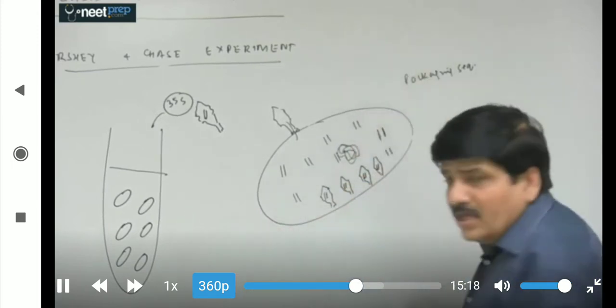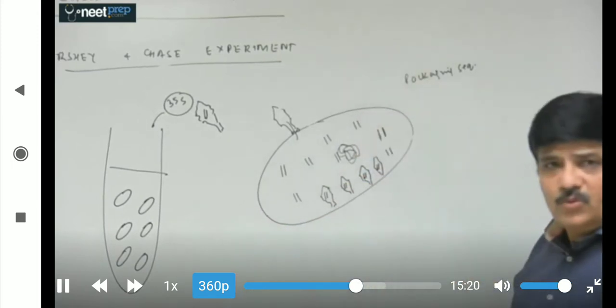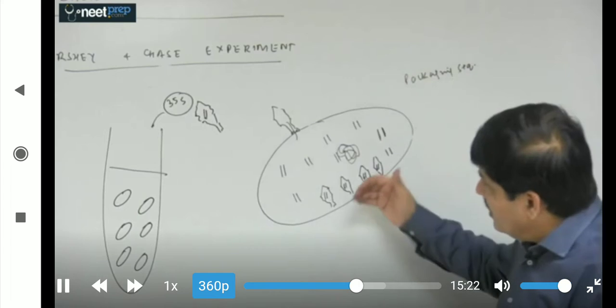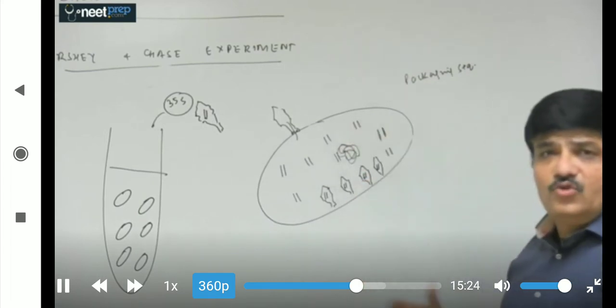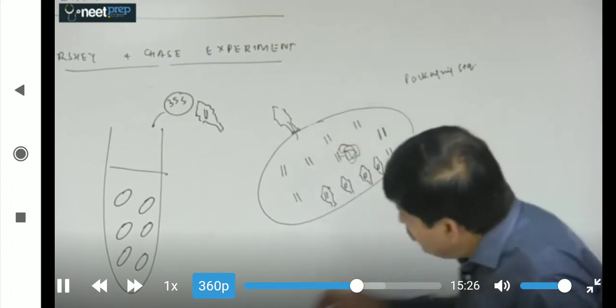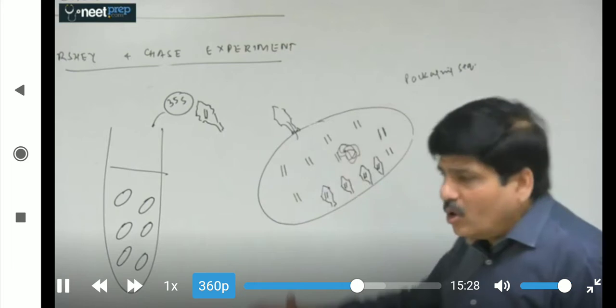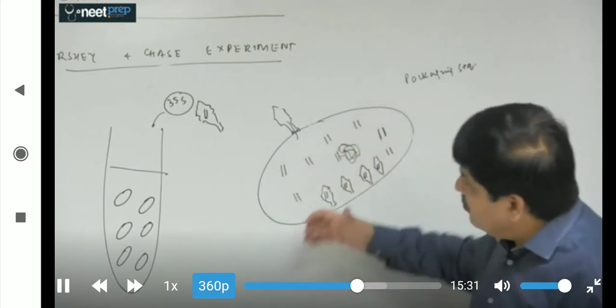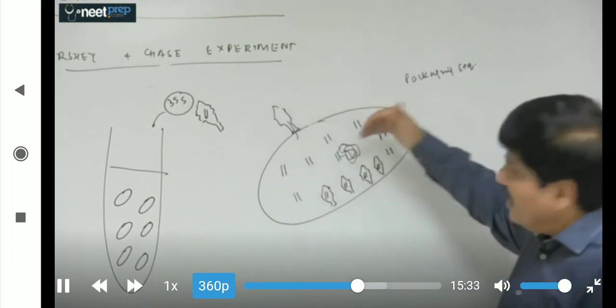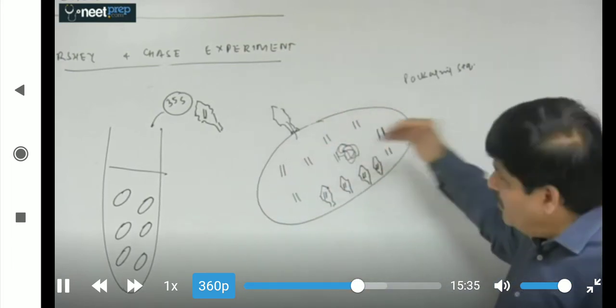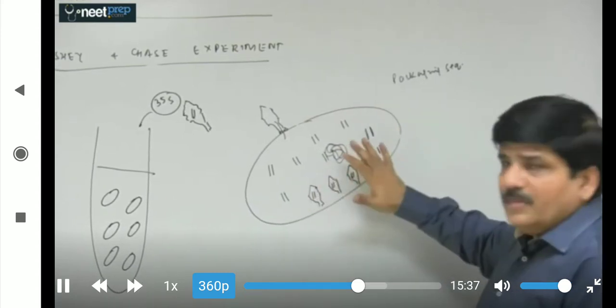It may decide to kill the cell or it may leave the cell as well, depending on whether it is a lytic life cycle or a lysogenic life cycle. So we know this. Hershey and Chase were also aware of how a bacteriophage infects a bacterial cell. I hope this is absolutely clear.